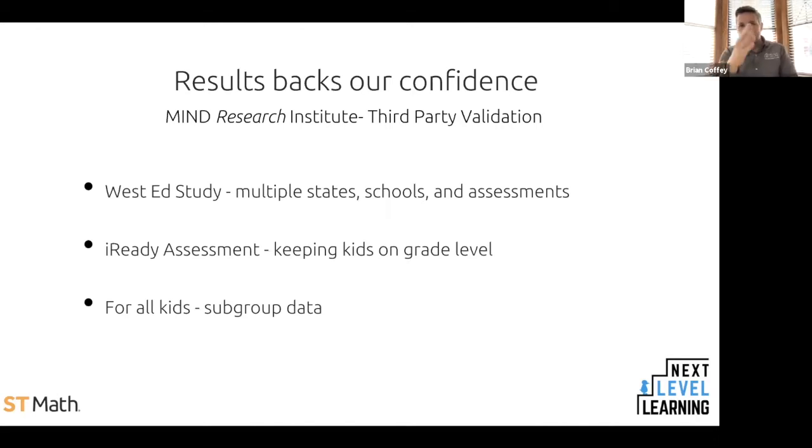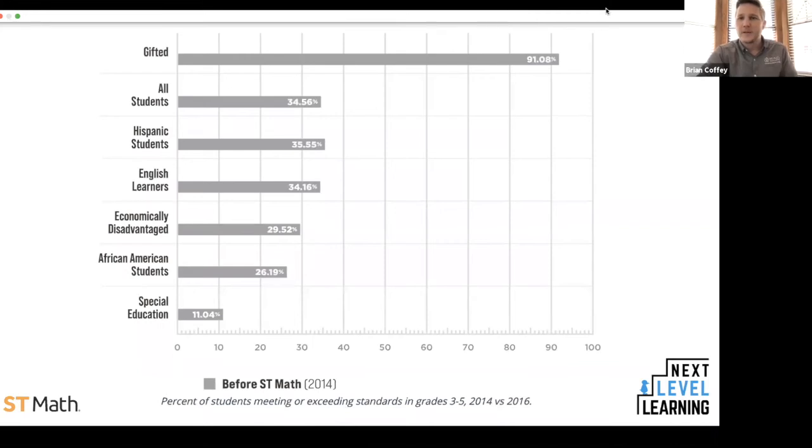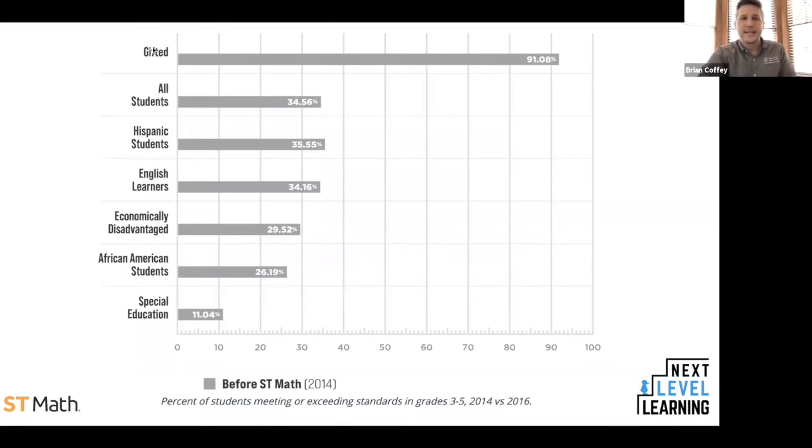Last thing on research and data, and this is really key, we're for all students. So let me show you a couple of things in subgroup land here. If you see this graph, at the top of this graph are students identified gifted, on down to students who are EL learners or special ed students.